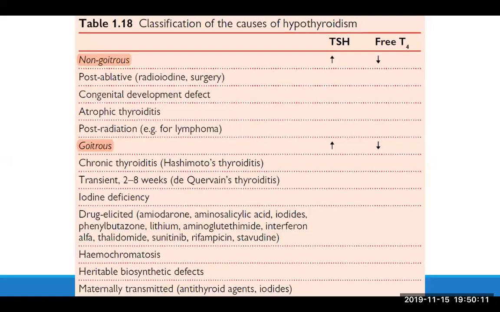That means non-goitrous is more common than goitrous. Actually, I don't know which is the commonest, non-goitrous or goitrous. If the incidence is higher in high iodine intake, it will cause non-goitrous.